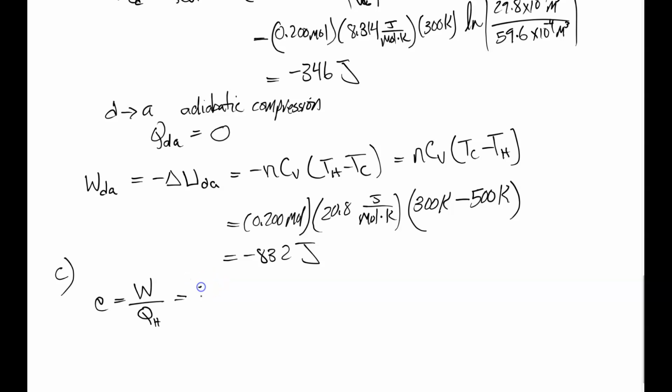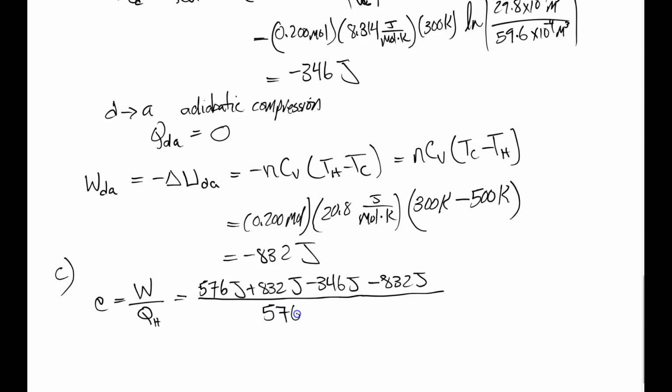If we add all the works, we get 576 joules plus 832 joules minus 346 joules minus 832 joules over the heat at the high reservoir, which is 576 joules.